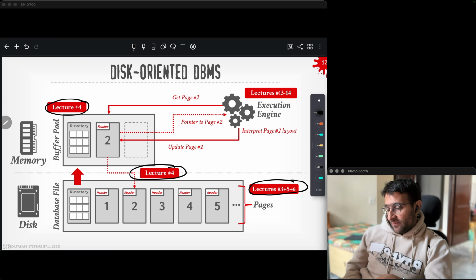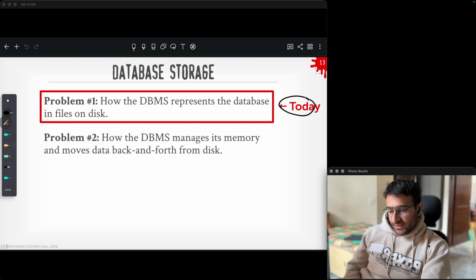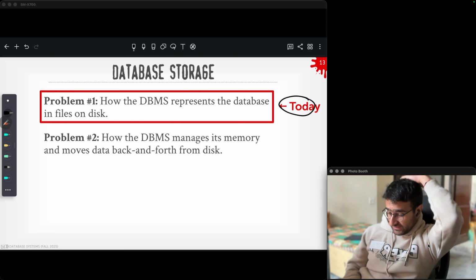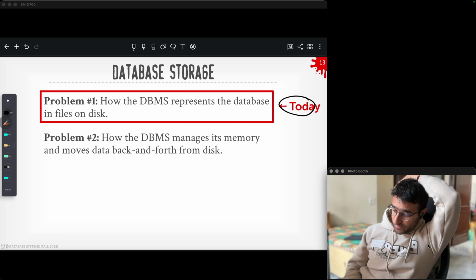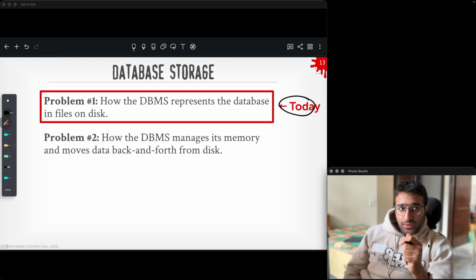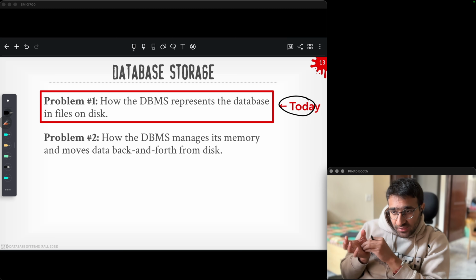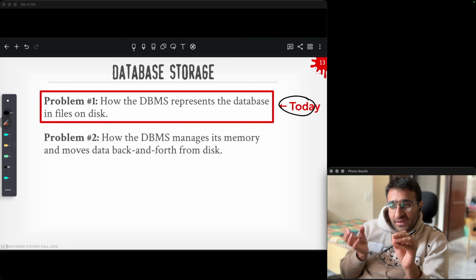Today, in these particular slides, we'll be covering how the database represents the database as files on disk. If you have not understood anything till now, I'm a bad teacher, by the way, but the key takeaway is that a database management system is software that just writes out your data to very special files on disk.